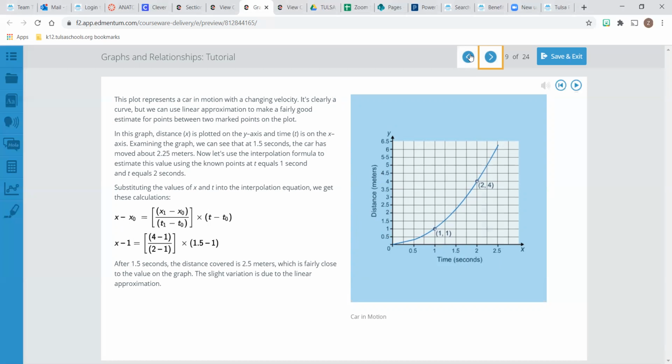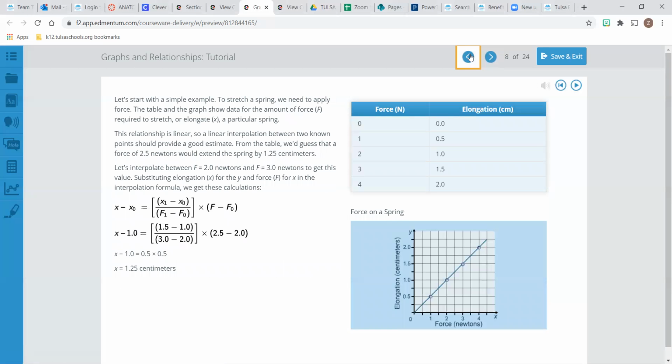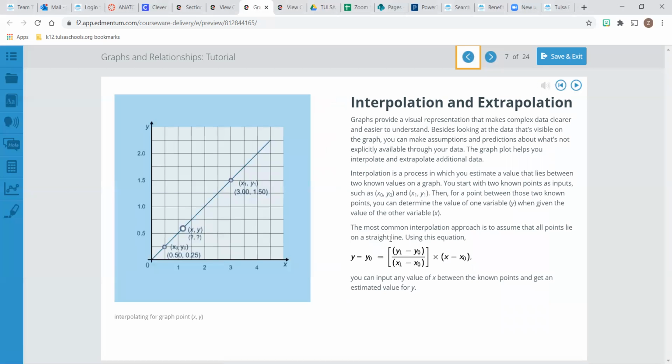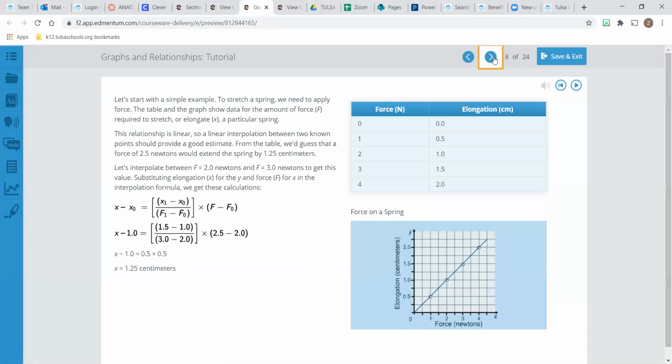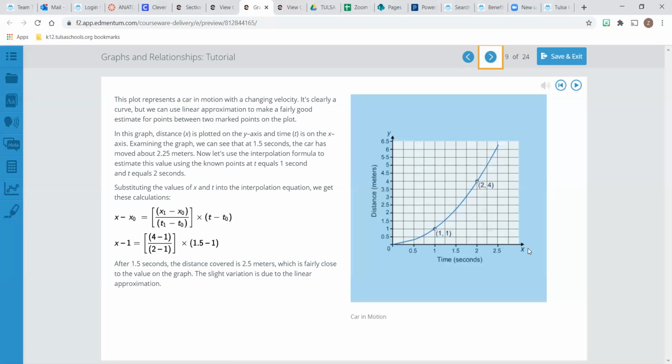But it's the same formula as this, okay? Even though they're using different letters, it's the same thing. Pay attention to what's used in the x-axis and the y-axis. And then all you have to do is plug in what you're trying to figure out.